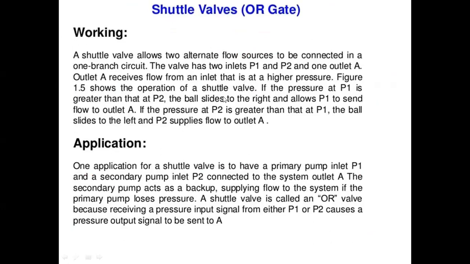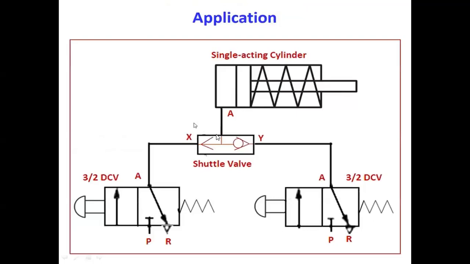Figure 1 shows the operation of shuttle valve. If the pressure at P1 is greater than P2, the ball moves to the right and P1 sends flow to outlet A. If pressure P2 is greater than P1, the ball moves to the left, and P2 supplies flow to outlet A.